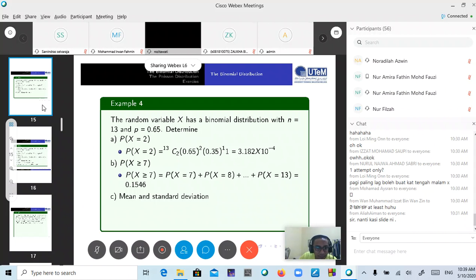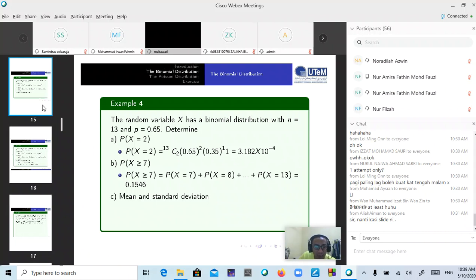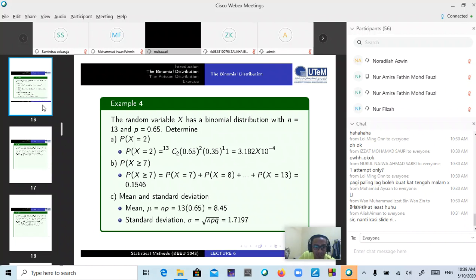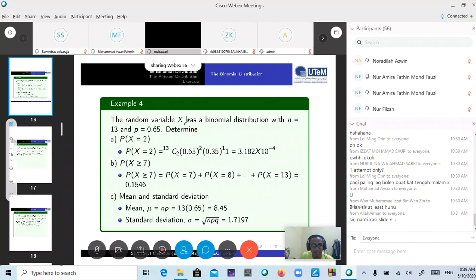Okay, example, also the same thing: what is the mean and standard deviation? You know from the previous formula, the mean equals n times p. So your n is 13, your p is 0.65. 13 times 0.65, you can get 8.49. Then you want to find the standard deviation.